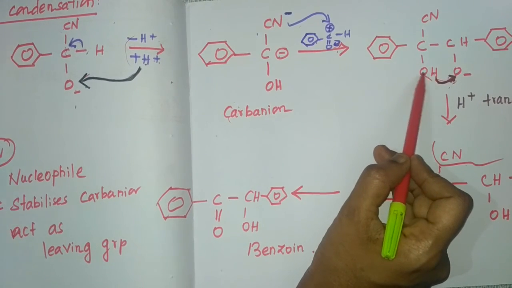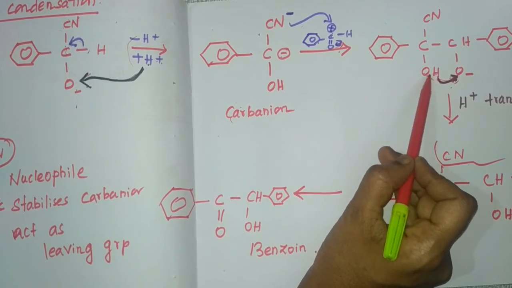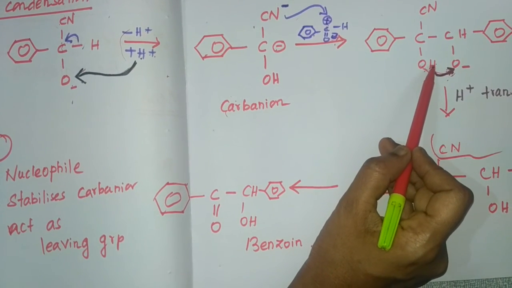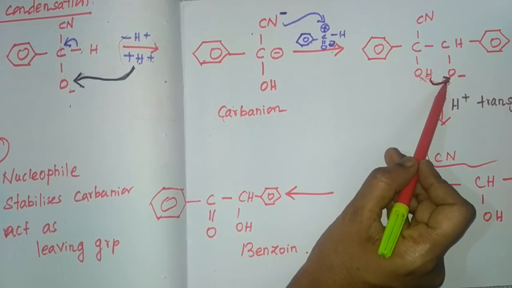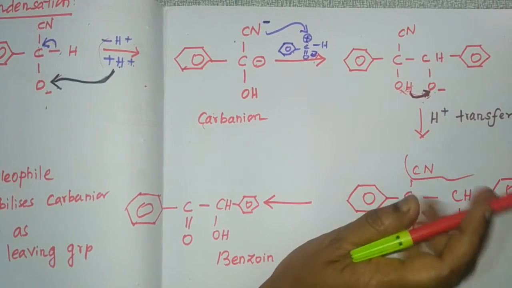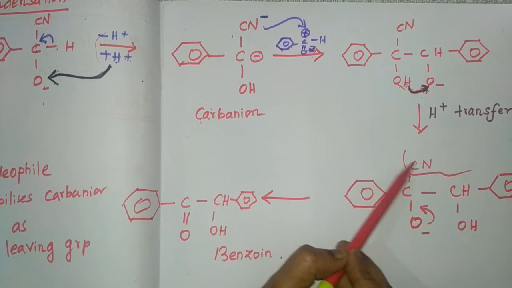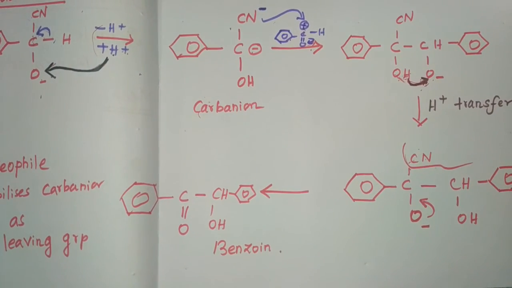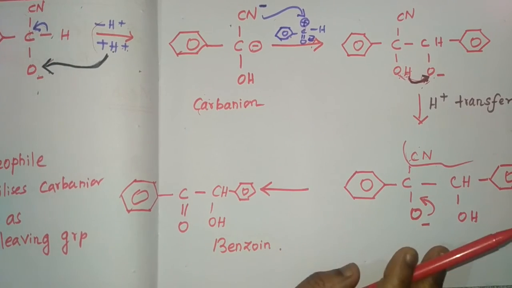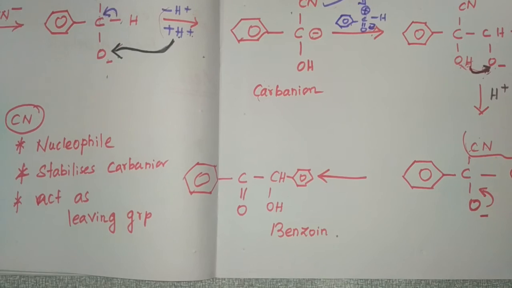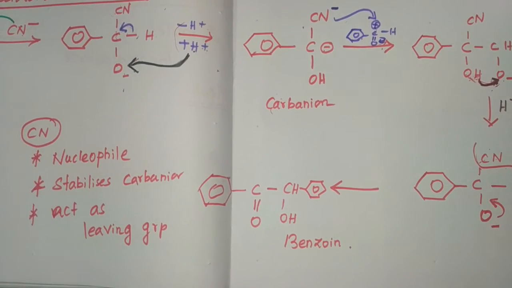The bond between these two will become weak, and this hydrogen will get removed in the form of H plus, and that H plus will go and attack this oxygen. That is what I wrote as H plus transfer. Next, the cyanide is an electron withdrawing group, and it will take the electrons and leave from here, and then your final product will be benzoin. So this is benzoin condensation.